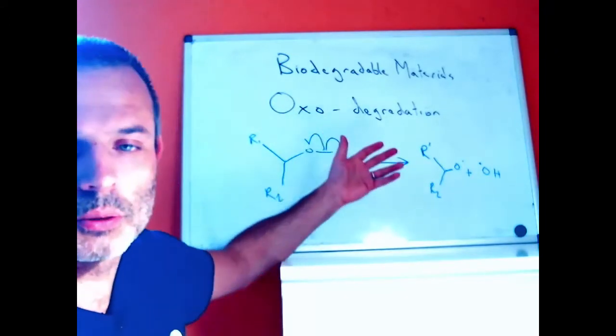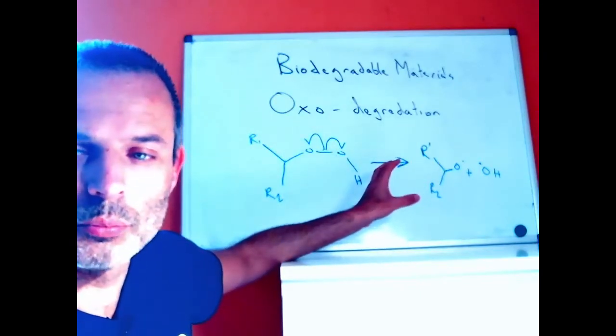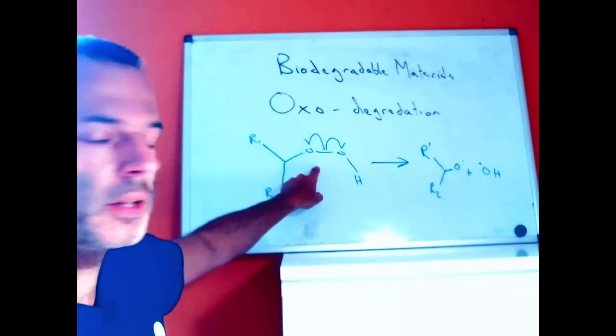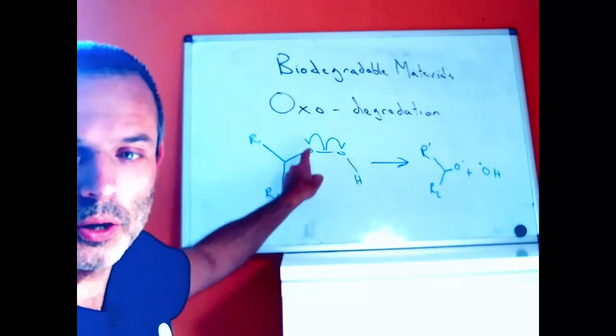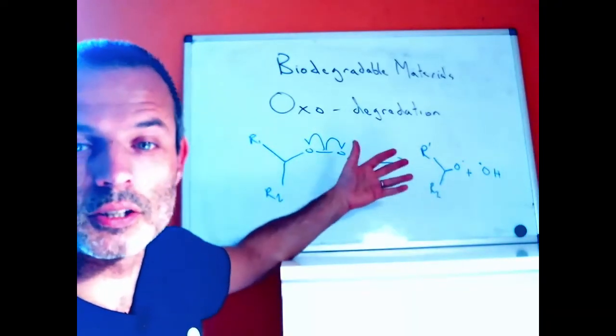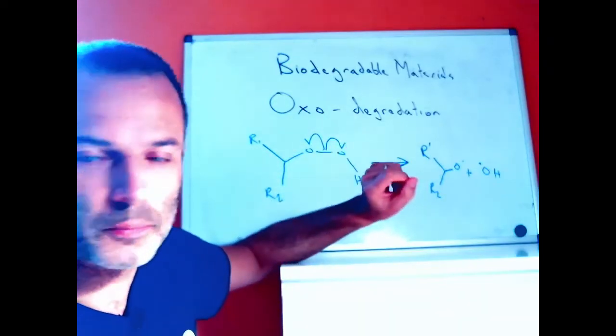We take, for example, polyethylene and we leave it in the sun in the presence of oxygen. It will do this. We can make this reaction faster by increasing the concentration of this component, which will make this step faster because there's just more of it, or we can catalyze this part.